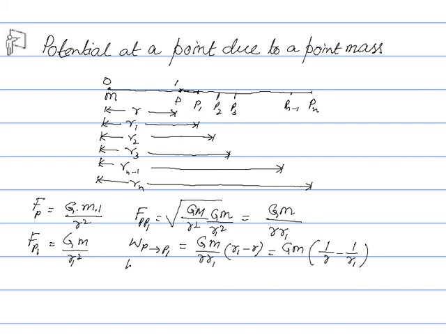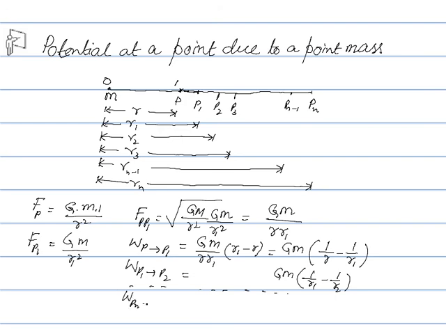Similarly, the work done to displace the unit mass from P1 to P2 can be obtained as GM times 1 by r1 minus 1 by r2. Likewise, we can find out all the work done to displace the unit mass from P to P1, P1 to P2, P2 to P3, and Pn minus 1 to Pn.